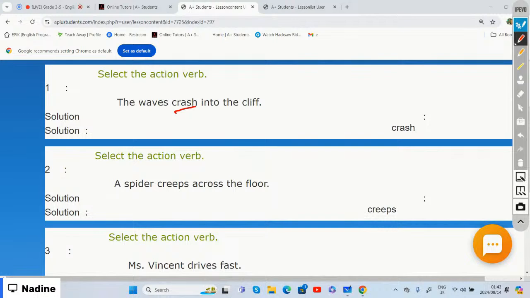All right, and if we select our action verb, we will say creeps is our action verb. And then lastly, Miss Vincent drives fast.